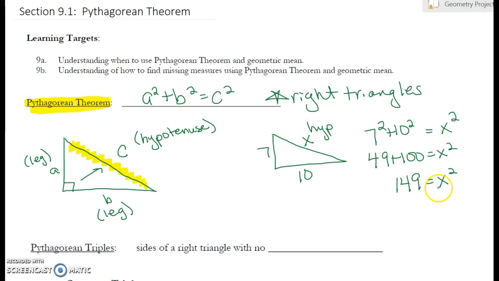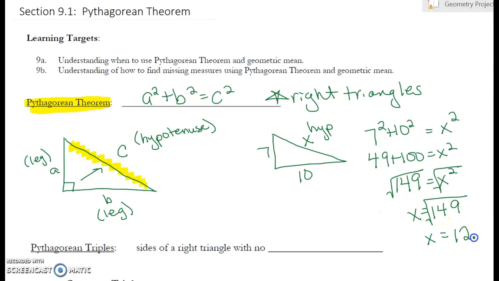And then to get rid of a square, this might be new to some of you, or you haven't done it in a while, to get rid of a square, we take a square root. So you can leave it as the square root of 149, or you could type it in the calculator. And the square root of 149 is 12.2.